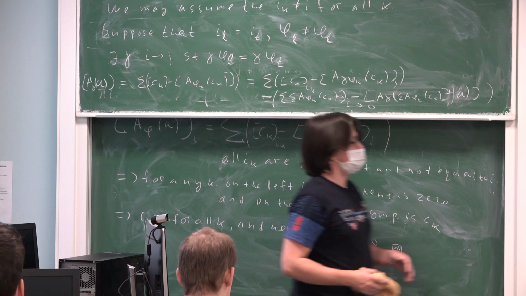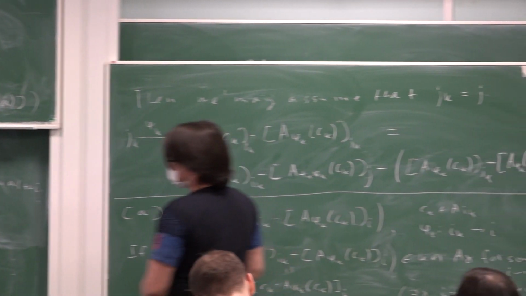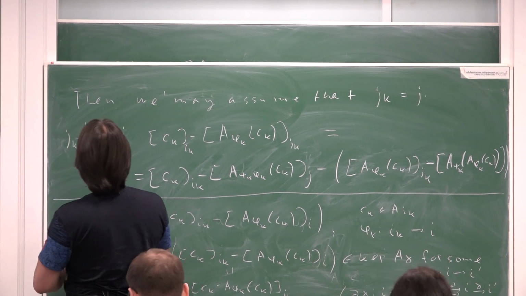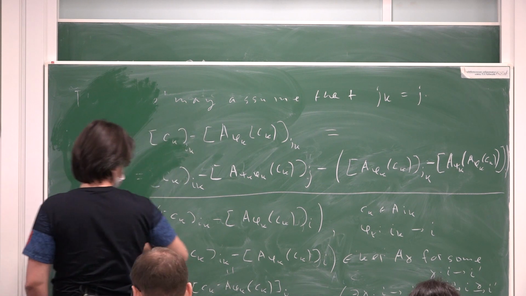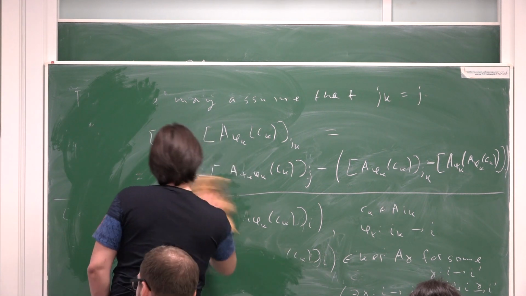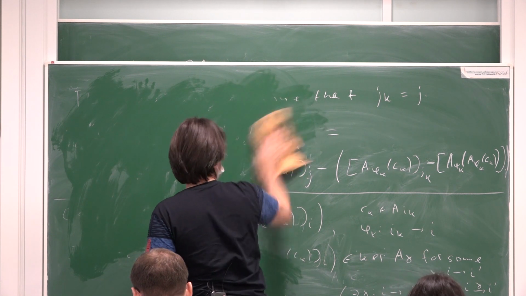Well, it would be much easier if we assumed that between any two objects there is only one morphism, but in general it's not very difficult too, but quite technical.